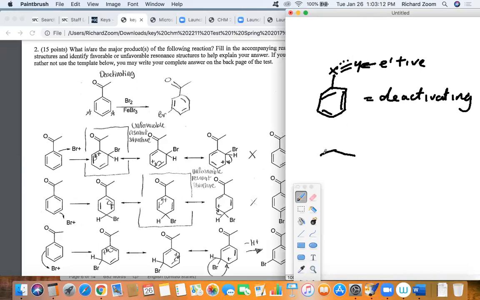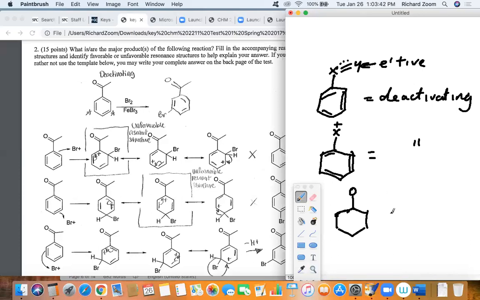The other situation that is deactivating is this situation. That's deactivating as well. Pretty much everything else is going to be activating, and you'll notice that those will generally be these situations here.